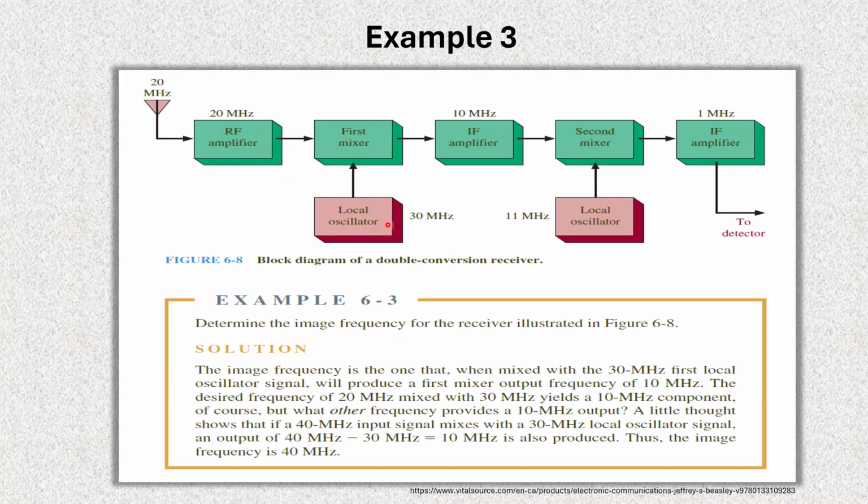That's also going to give us 10 megahertz as the image. So we'll take 10 more here. 40 minus 30 also is going to give us 10. So the 40 megahertz, do we have it here? Oh yeah, there it is, 40 megahertz is also going to give us 10 megahertz.